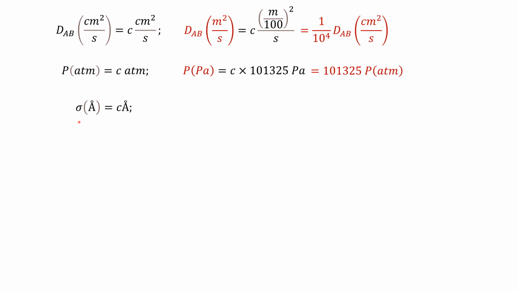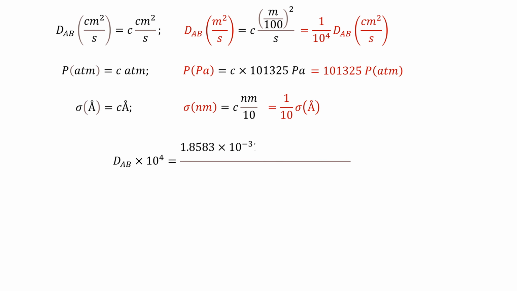Now sigma in angstrom equal to some constant. Now we can convert this C to nanometer and in place of C we can write sigma in angstrom. So we have established an equivalent correlation for sigma, for Pascal and for DAB.